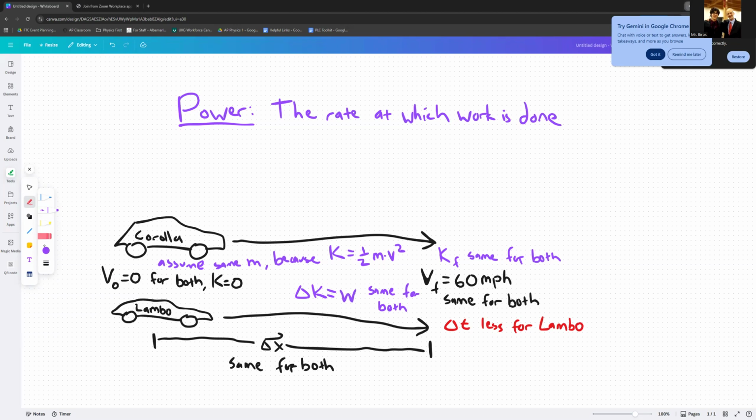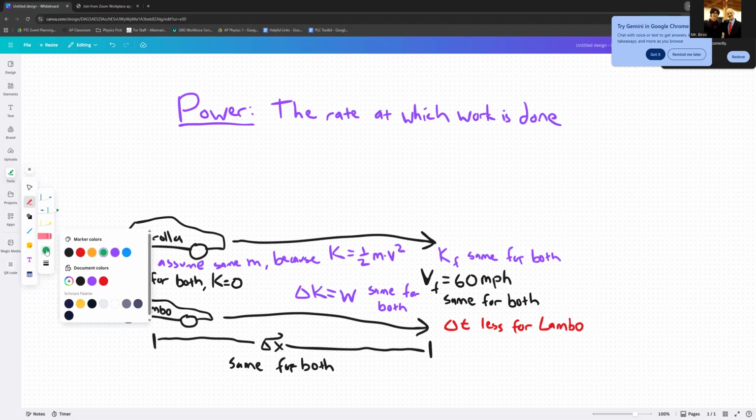Then that change in kinetic energy, which is work, would be the same for both. But even though both cars could do the same amount of work, the rate at which that is done, or the time it takes to do that work, is a much higher rate of work and a much smaller time for the Lamborghini because it is much more powerful.